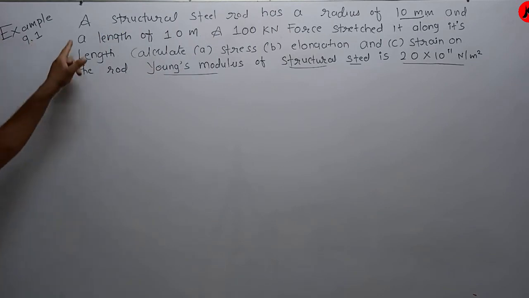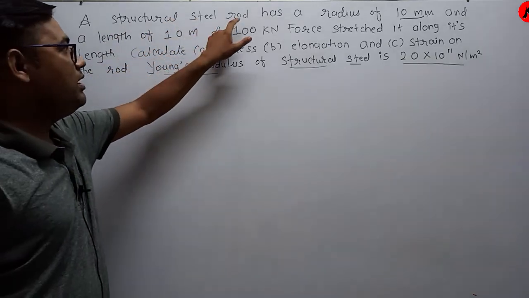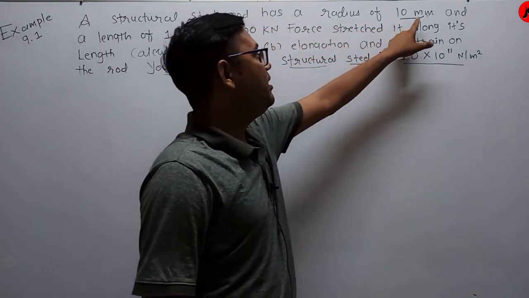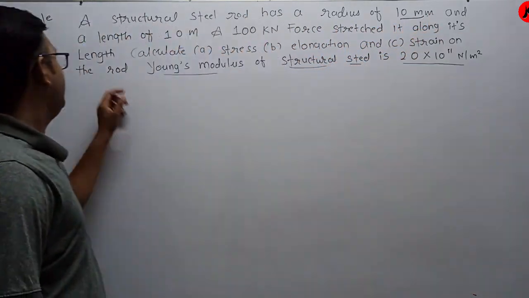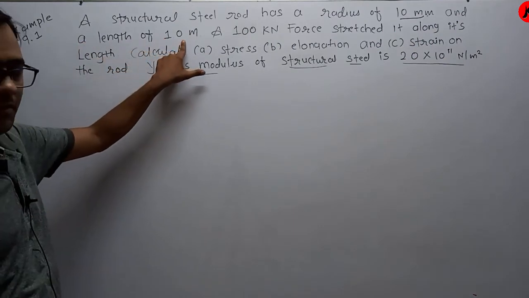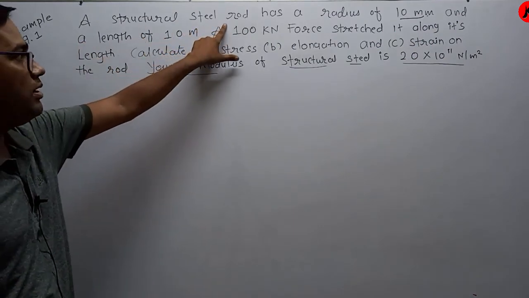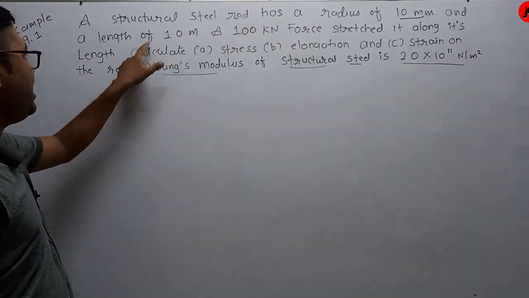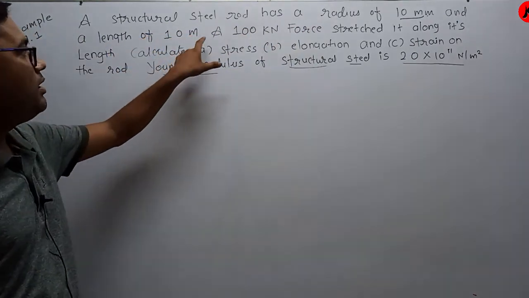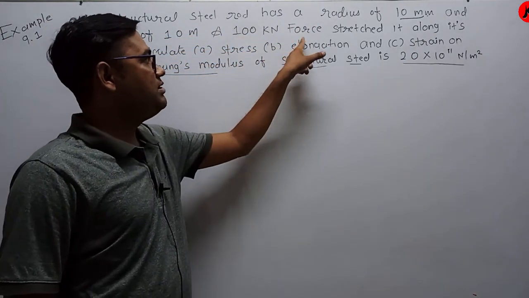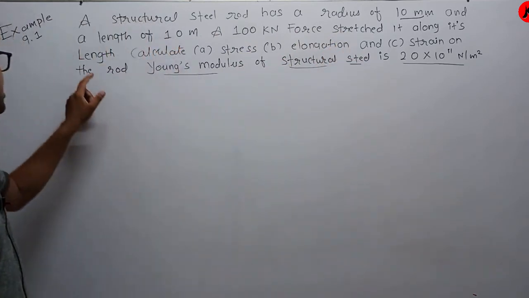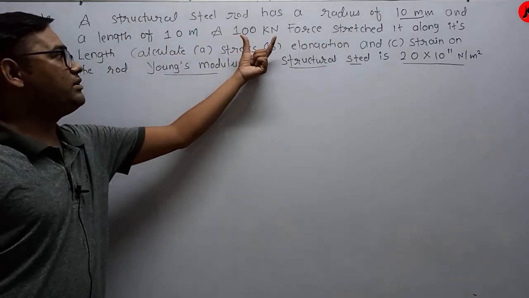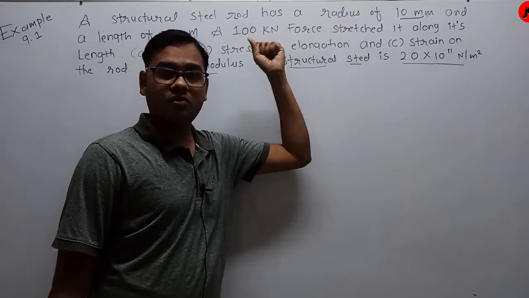What do we have? A structural steel rod has a radius of 10 millimeter and a length of 1 meter. The radius and the length of the steel rod are given. A 100 kilonewton force stretches it along its length. The force is given, which is the stretching force, right?